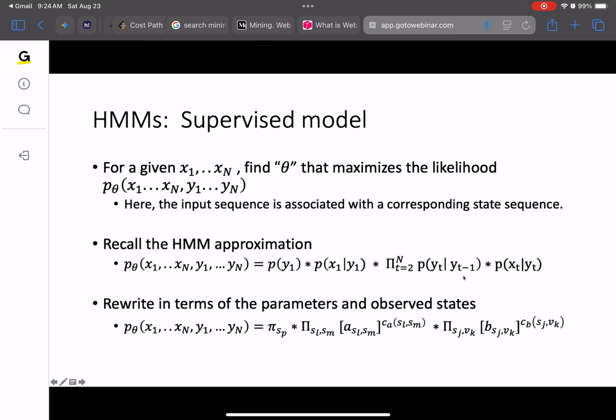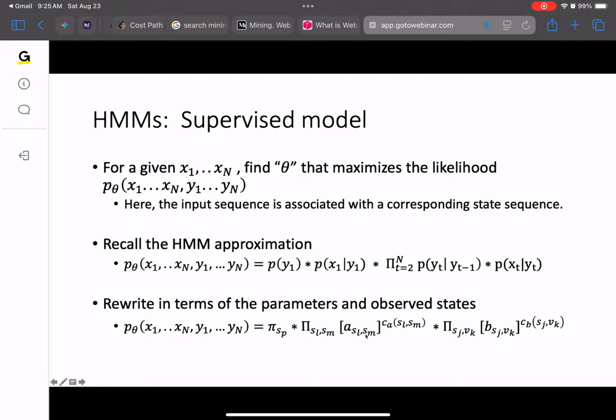Since the labeled data is available, we can rewrite this expression in terms of model parameters. These are the initial probabilities, and p of y_t given y_{t-1} is the transition probabilities, which are represented by A's.